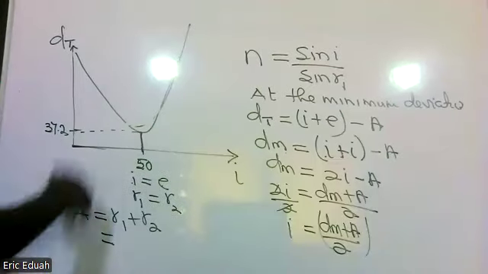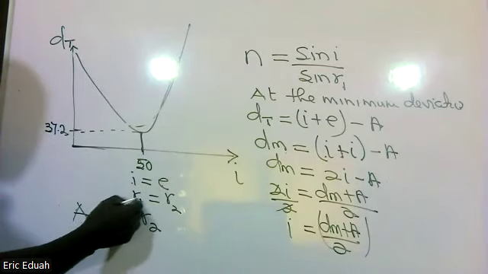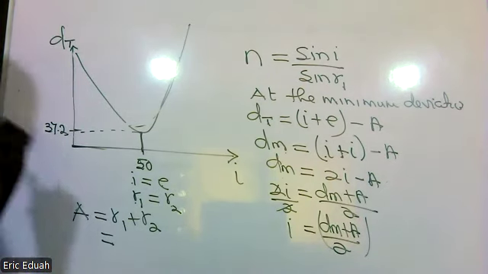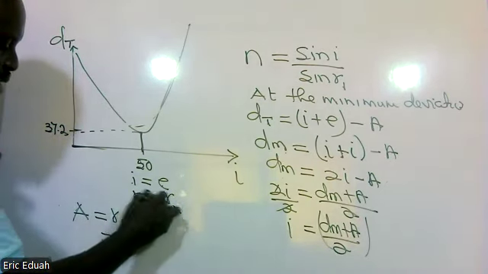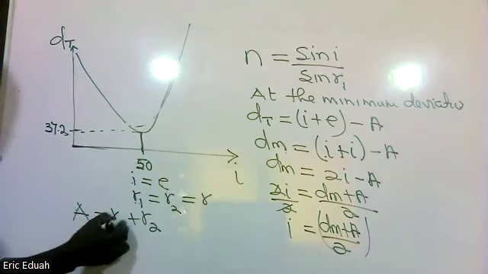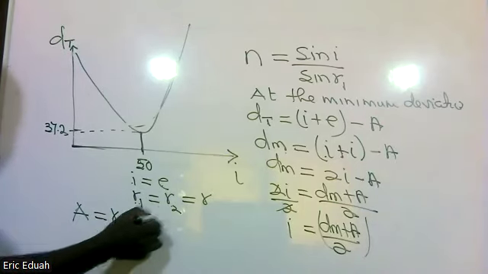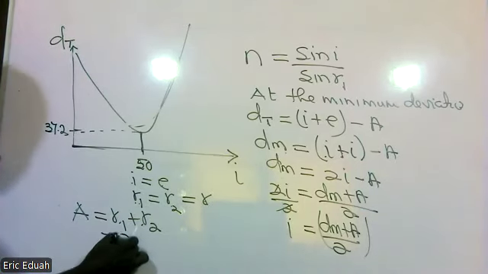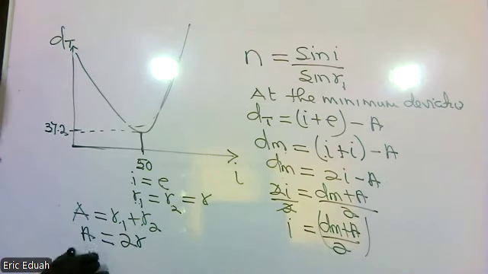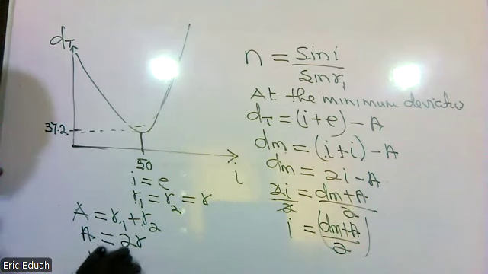So if at the minimum deviation, R1 is equal to R2, then we only have an angle of refraction. R1 is equal to R2, and they are all equal to R. So if R1 is R and R2 is also R, then we only have 2R. Therefore, R will be equal to A over 2.